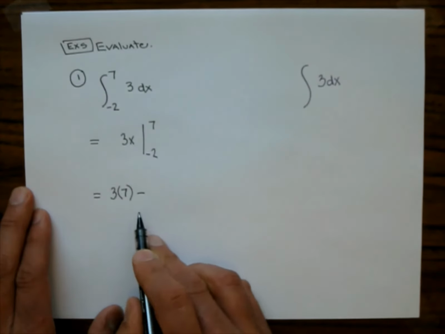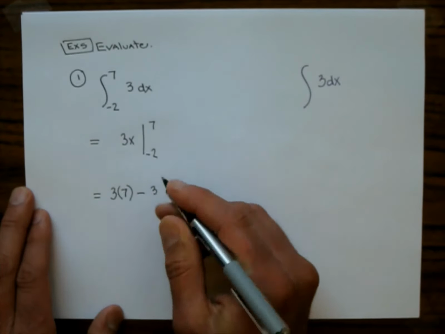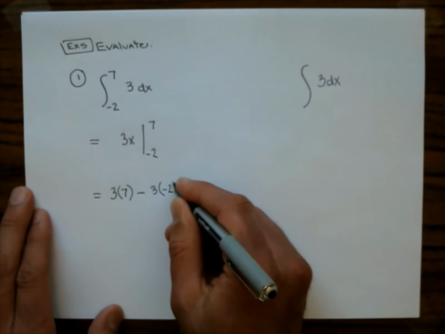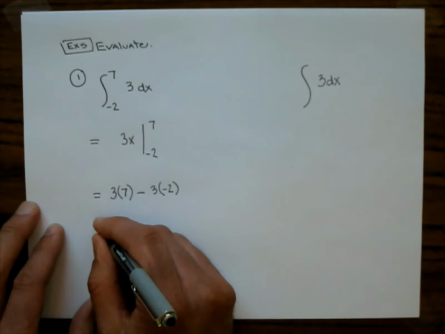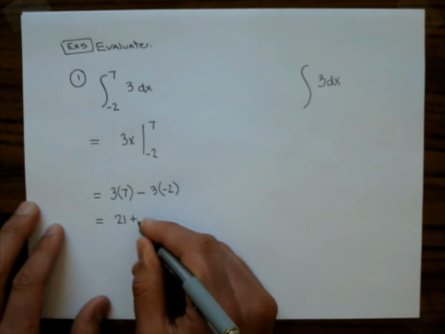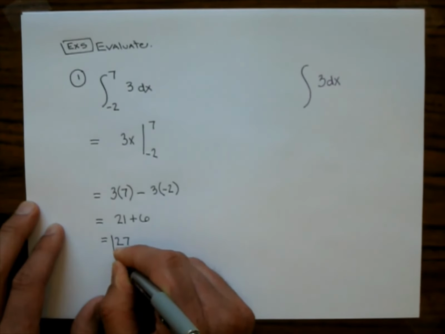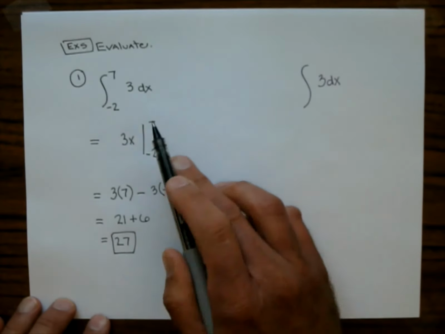So this is what's reminding me of displacement. And then we evaluate this function right here at -2. So let's see what we get for our answer. This is 21 plus 6, which is 27. Okay, so that is the answer to this problem.